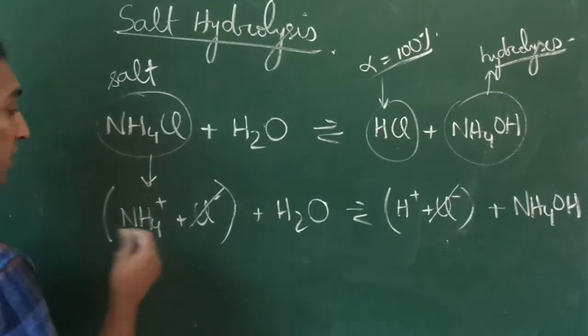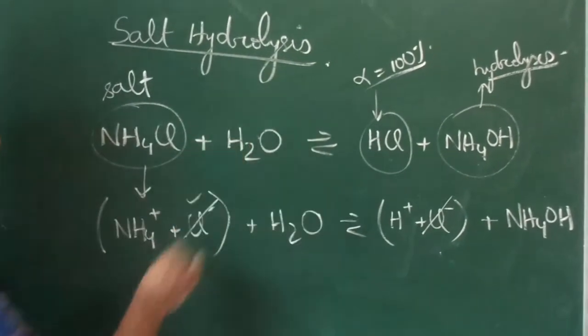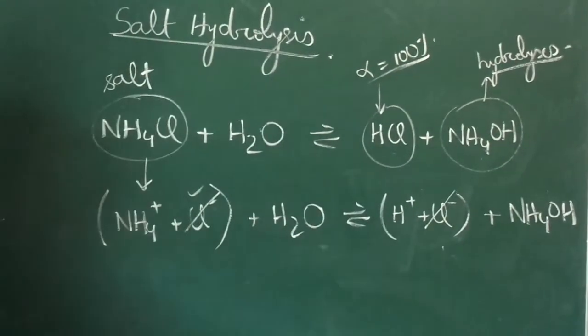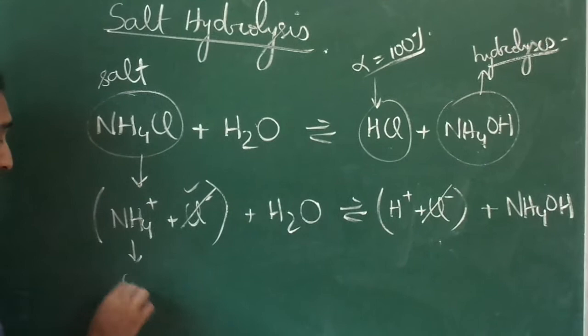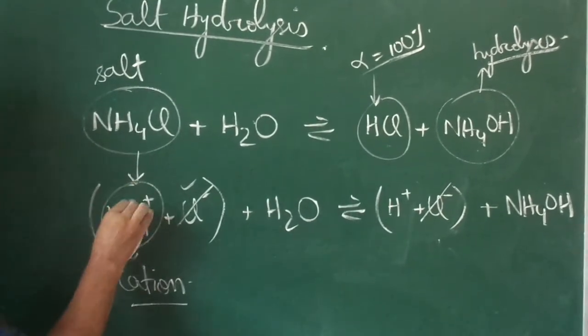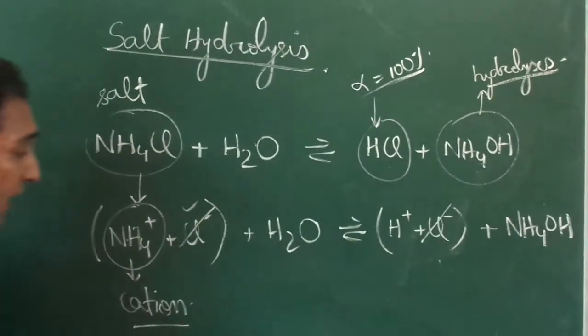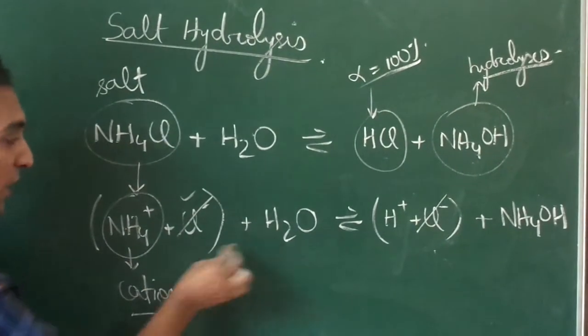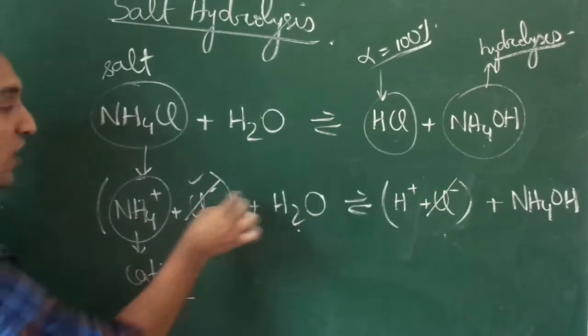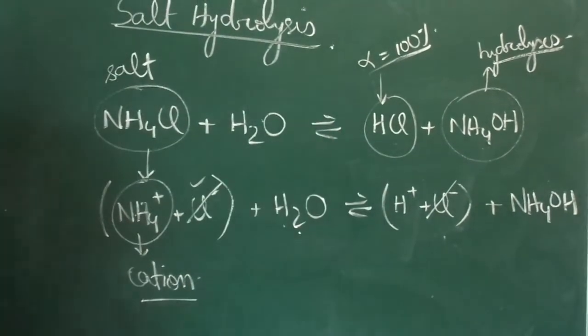Now if you see, students, the fifth point, this was the fourth point, and now the fifth point through observation, just by writing one equation. If you see, this was the cation, and this is from the weak part, the weak part of the base, right? Now if you see, this part is undergoing hydrolysis, not the anion. The cation is undergoing hydrolysis. This was the fifth point.